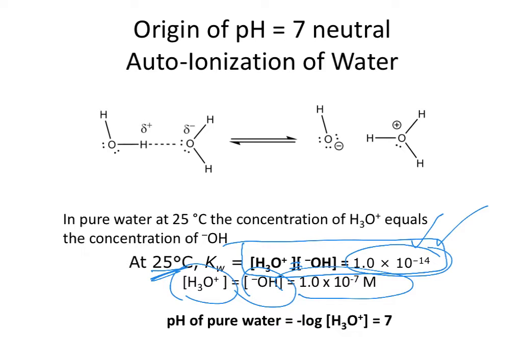If you plug this value into the formula for pH, you get the pH of pure water at 25 degrees is 7. And that's where the pH 7 comes from. It is the actual representation of the concentration of hydronium ion in pure water.